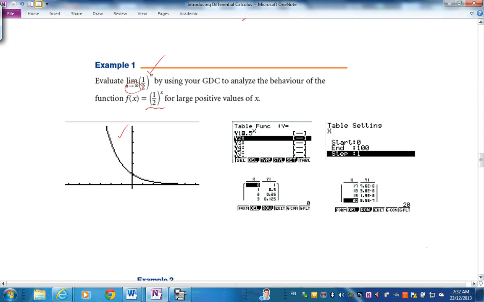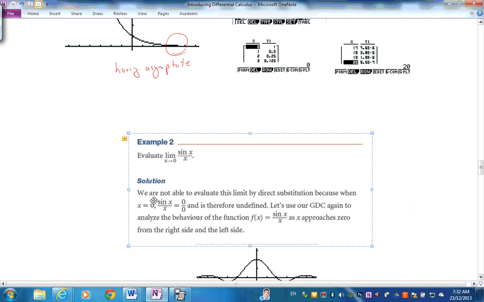This is in graph mode now, and as you see here, it's getting closer and closer to 0. So we would say it's got a horizontal asymptote, didn't we? Don't forget that language. That's a link in this course. Horizontal asymptote of y equals 0.